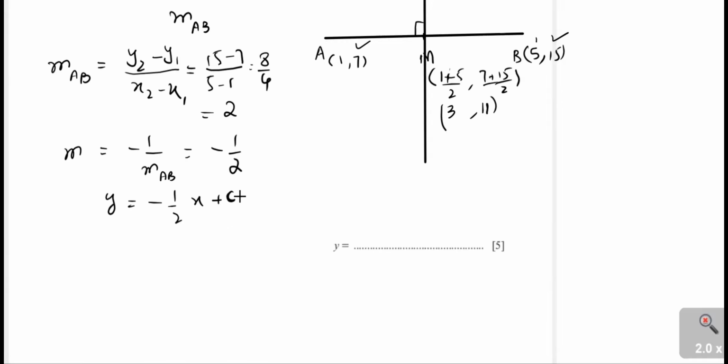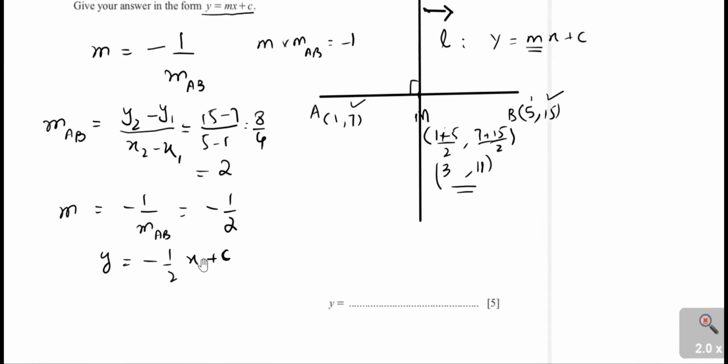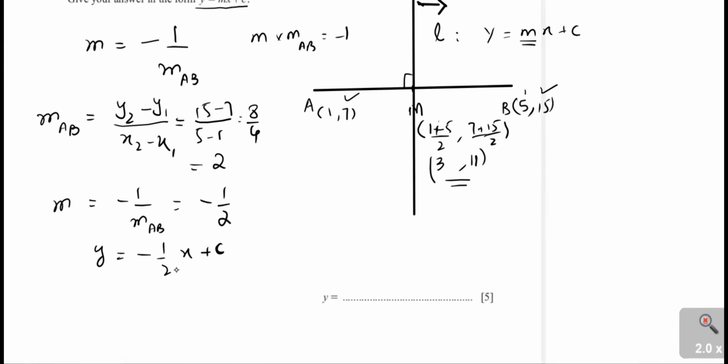To calculate c, we will substitute the value of the point M in this equation because this line passes through this point M. Look here, the y coordinate is 11. We write 11 here, and minus 1 over 2 we write as it is. x is 3, we write 3 plus c.